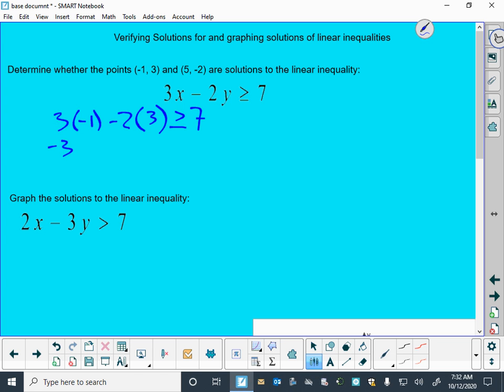So this gives us a -3 minus 6, and we're comparing that to 7, and -3 minus 6, that's -9. -9 is not greater than or equal to 7, so we'd say no, that one is not a solution.